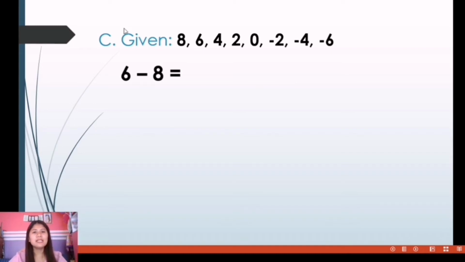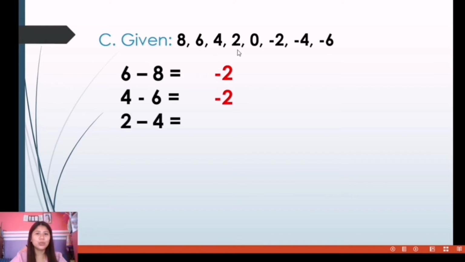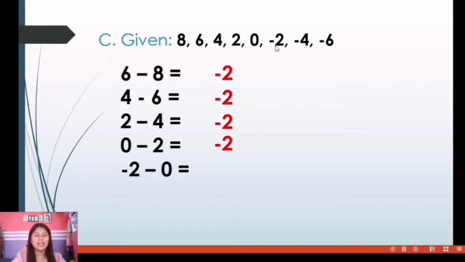Same process, 6 minus 8, that is equal to negative 2. 4 minus 6 equals negative 2. And then 2 minus 4, that is negative 2. Next, 0 minus 2, that is equal to negative 2. And then negative 2 minus 0, that is equal to negative 2, right?